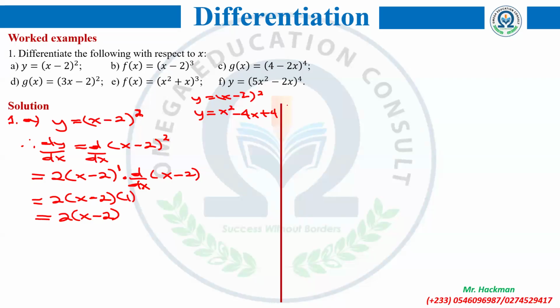Now if you are differentiating, then dy dx will be equal to 2x minus 4, do you agree? Because the question came in its factorized form, this can be factorized. So 2 will come out, then you get x minus 2. Is it not the same as what we have here? Yes, it's the same.